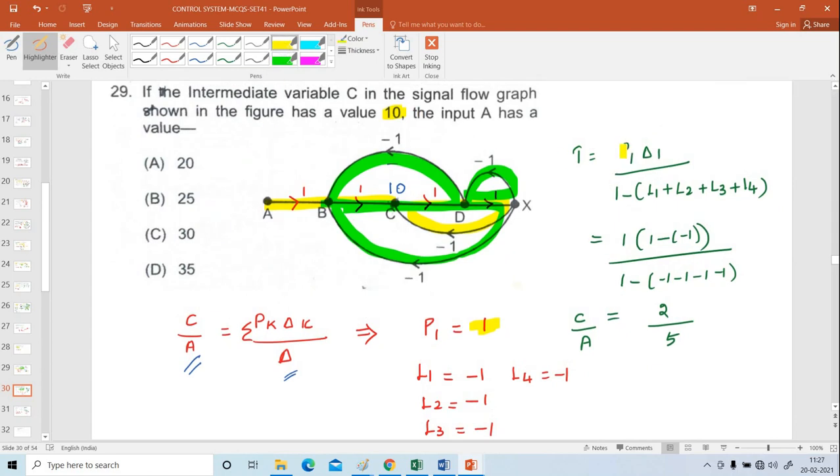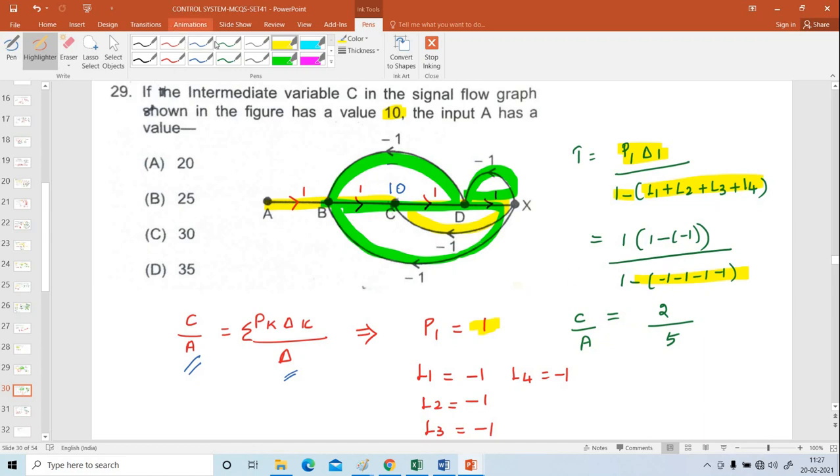So the transmittance is P1 delta 1 divided by 1 minus the sum of individual loop gains. Here see, this is the forward path. This loop is not touching the forward path, so this loop gain is taken into account. So 1 minus of minus 1, divided by 1 minus of minus 1 minus 1 minus 1 and minus 1. So C by A equals 2 divided by 5.